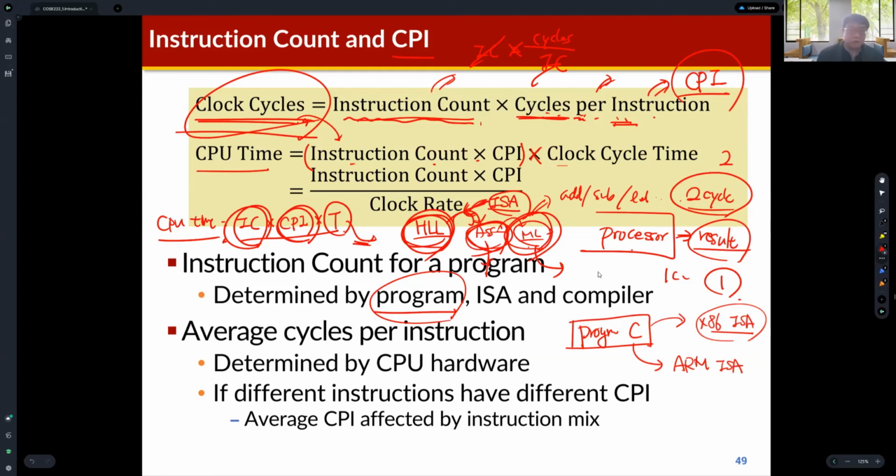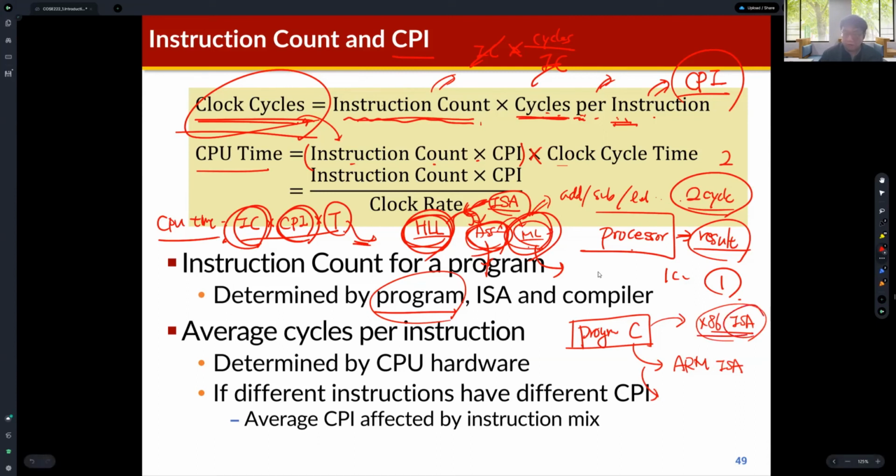And then the same C program can be compiled with the ARM ISA. Because the instructions in x86 and ARM ISAs are different, the number of instructions after compilation can also be different. Understand?